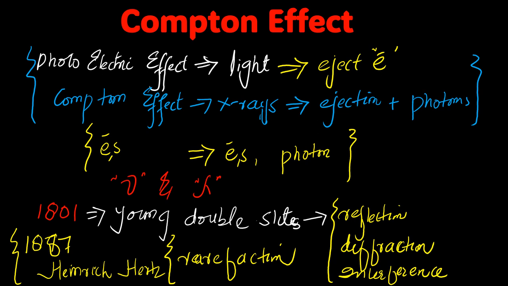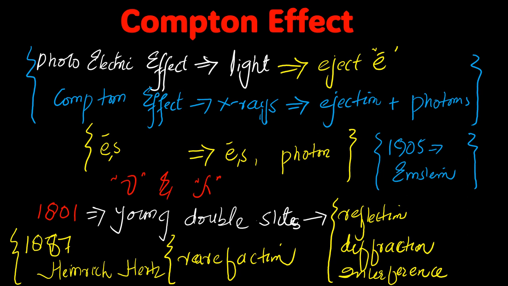The explanation of this phenomenon was unknown for nearly 100 years, and it was in 1905 that Einstein explained the photoelectric effect. According to Einstein, light consists of particles, and these particles are known as photons.